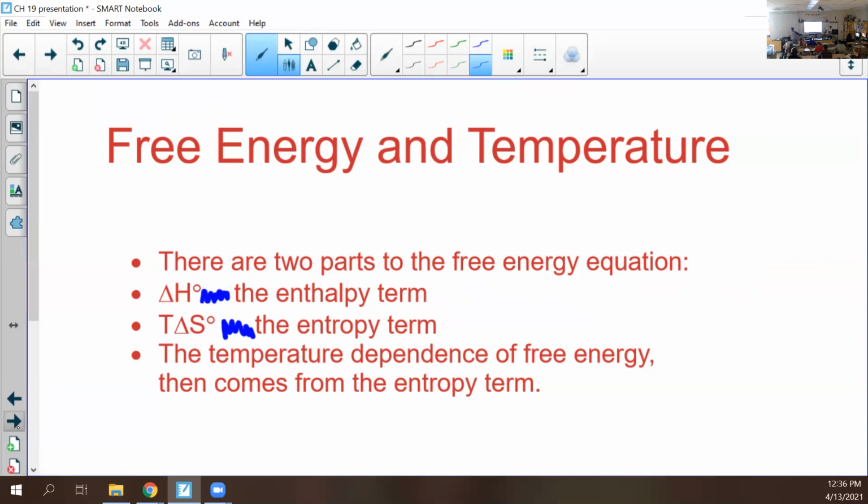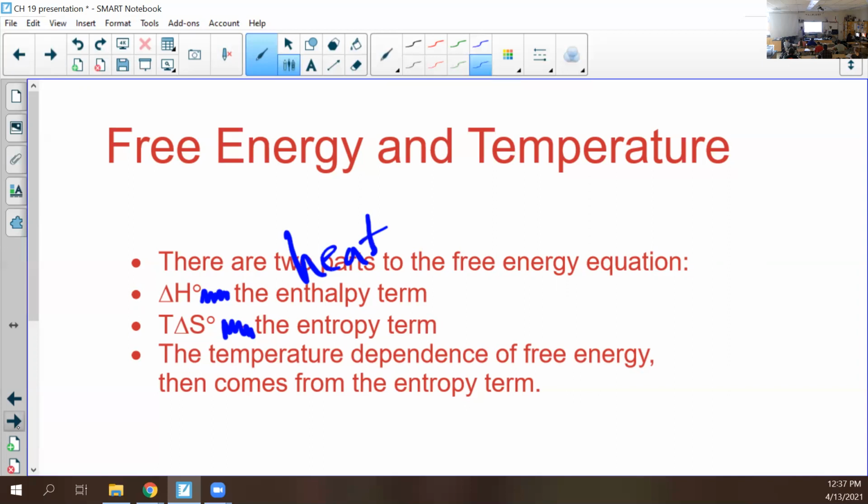And then T delta S is the entropy term. Enthalpy is the heat required or given off. Entropy is the disorder of the stuff. So like a solid, low entropy, a gas, high entropy. So entropy is disorder.